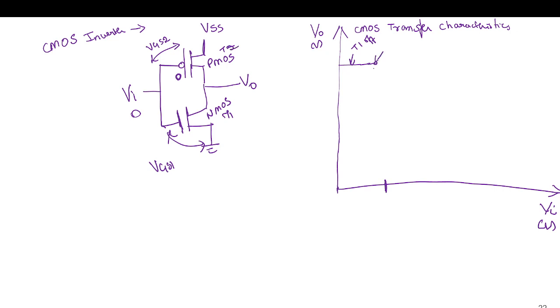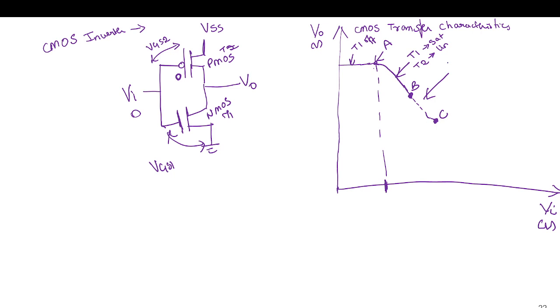Till this point it is in region A. Then there is a further increase so that this NMOS starts to turn on. We come till region B. In this region T1 is in saturation, T2 is in linear region, not in saturation region. At this potential, we will come further down till C.